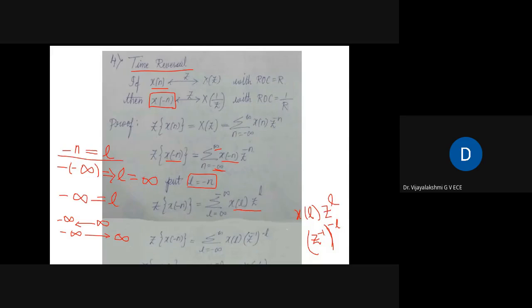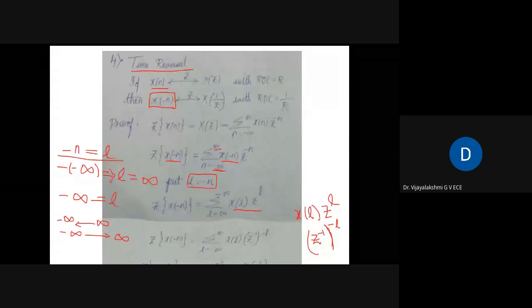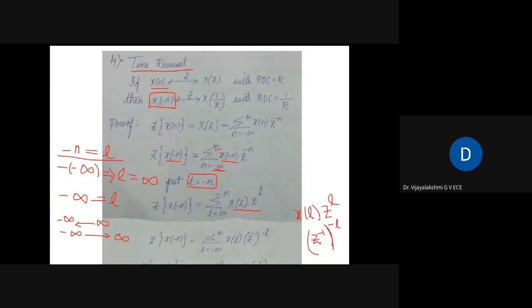I think you understood this. I have done this to make it the same as our Z transform equation. So I have here L varying from minus infinity to plus infinity, x of L into Z power minus 1 whole raised to L. Now, if you compare this equation with the basic definition of the Z transform, what can you infer?